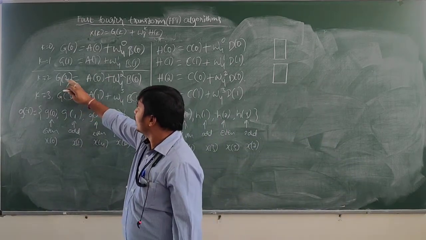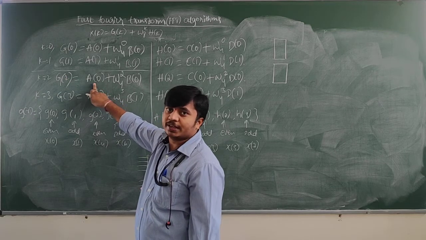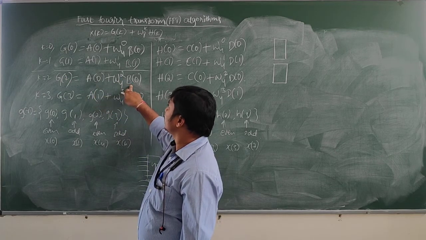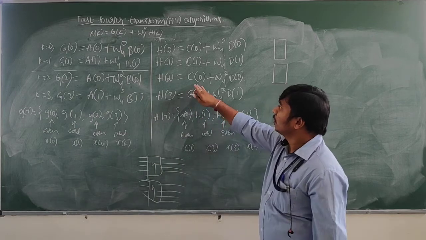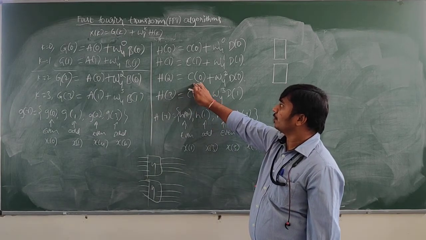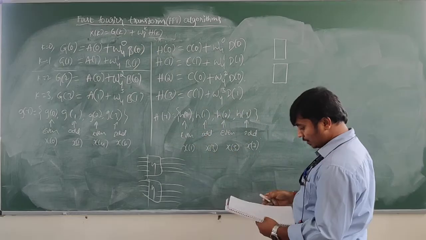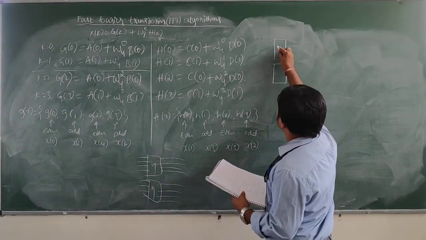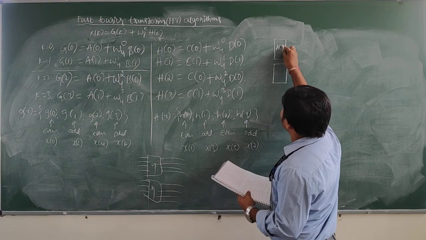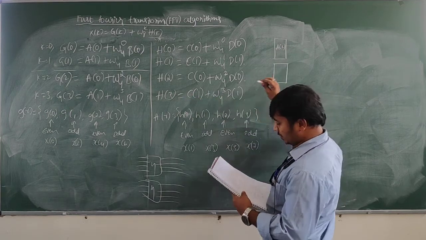So in g of k, that even part is represented by a of k and the odd part is represented by b of k. Here also the even part is represented by C of k and the odd part is represented by D of k.